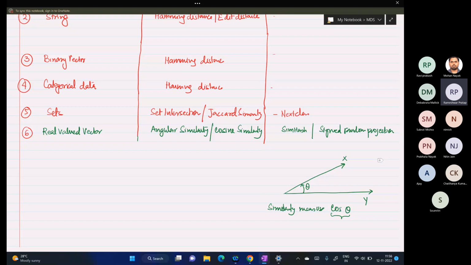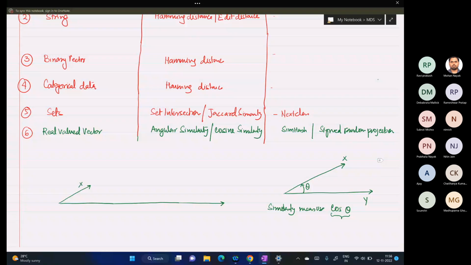So for example, say we have two data points like this. So x is this, and y is very large. So here you can scale y to be more.